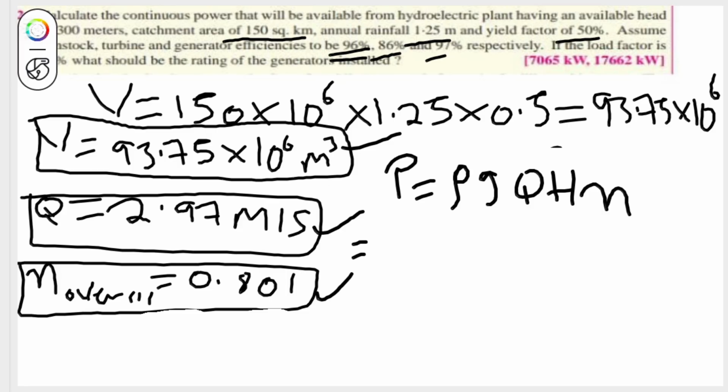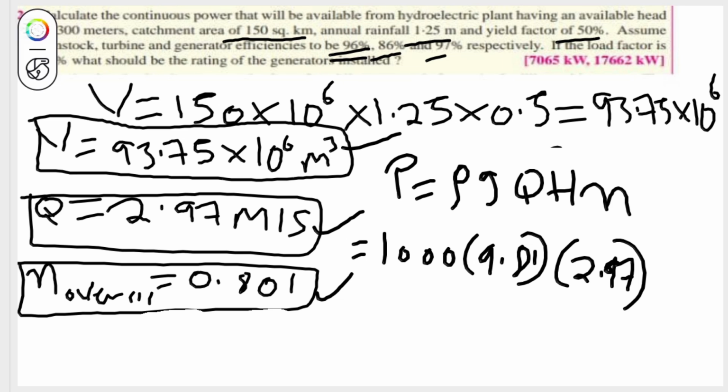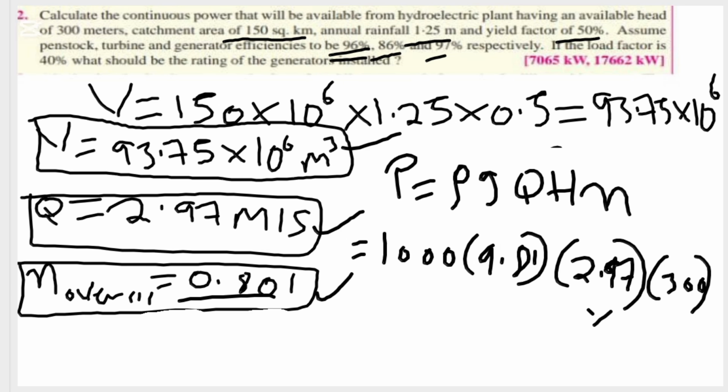So this should now be equal to density, which is 1000, and also 9.81 as our g, and also our flow rate, which is 2.97, and also the value of H. What is our H? The value of H is 300. And also we have our overall efficiency, so I will say multiplied by 0.801.